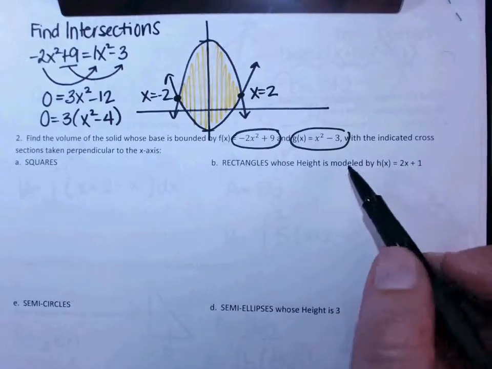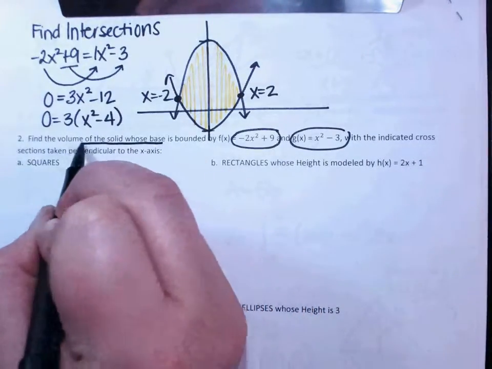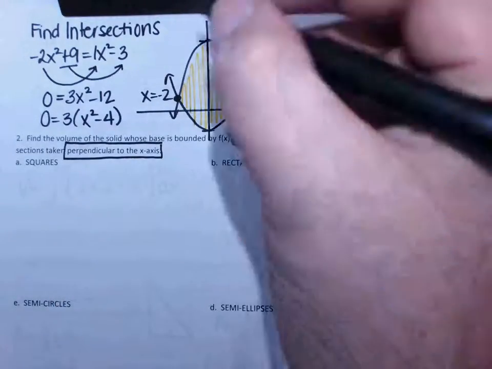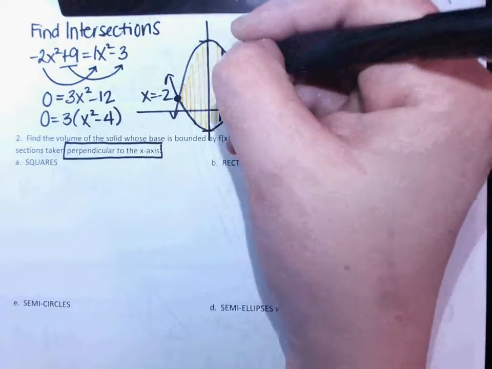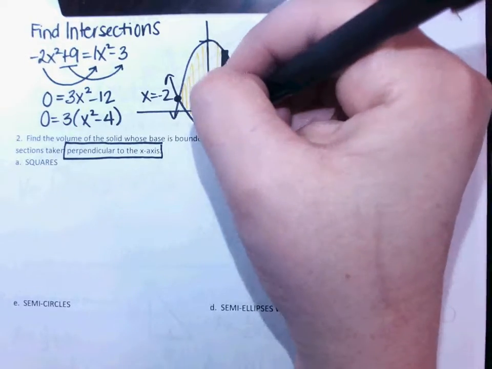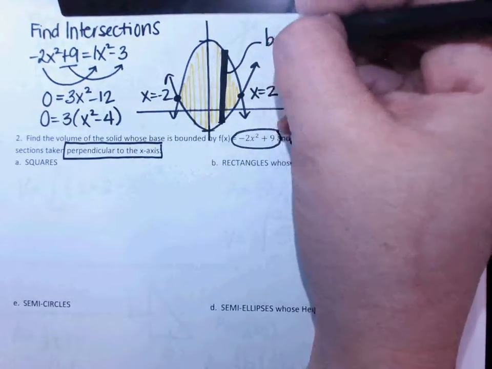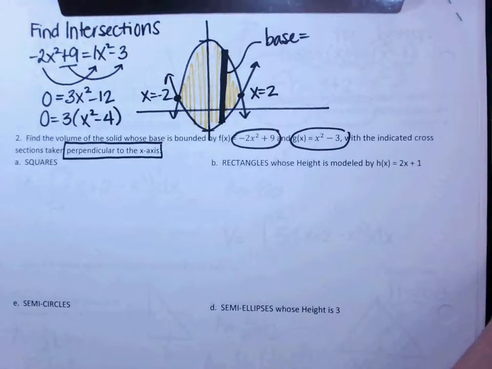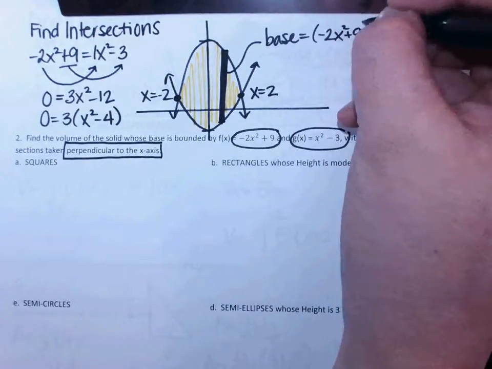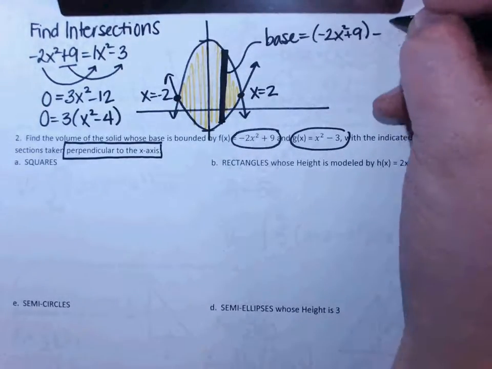Next thing, draw in your base for me. Your base should run perpendicular to the x-axis, which is the only way we're doing it today anyway, but that means it runs this way. That's my base, right there. So I'm going to do top minus bottom. Which function is on top? F or G? F. So negative 2x squared plus 9 minus, who's on bottom?